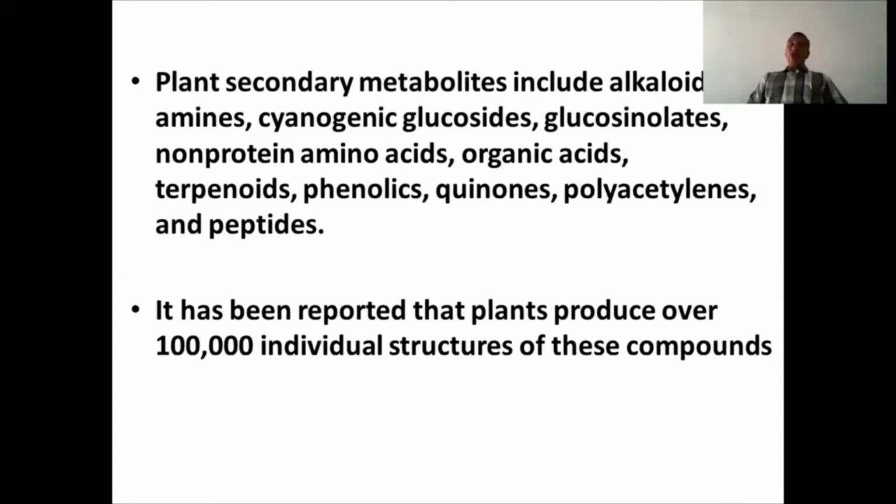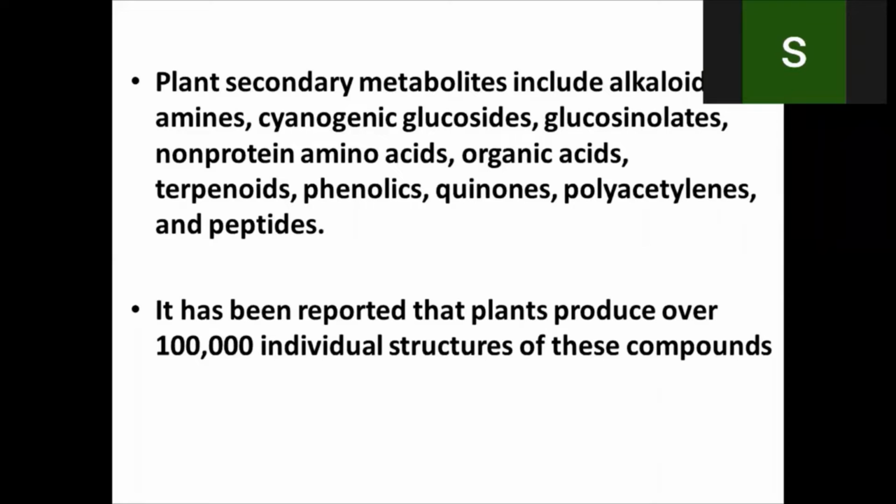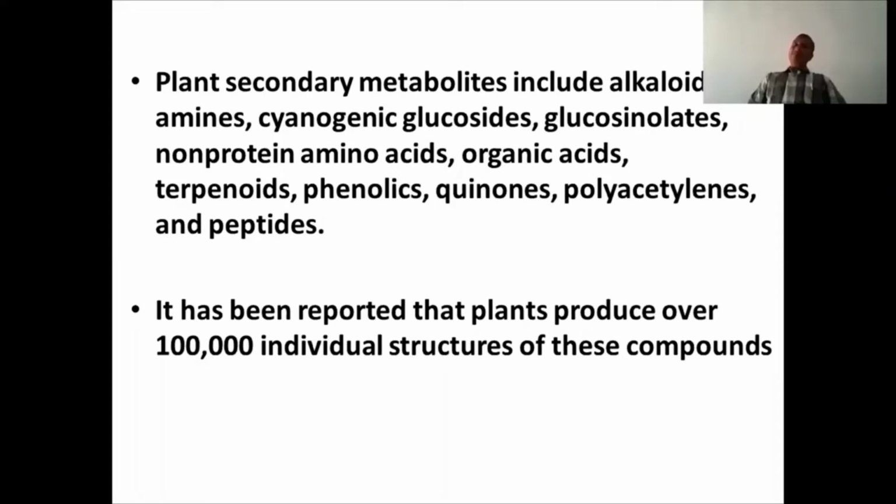Overall, whatever three groups of secondary metabolites there are, either terpenes, phenols, or nitrogen-containing compounds, all put together, there are at least more than 1 lakh compounds with different chemical structures in the different plant groups.